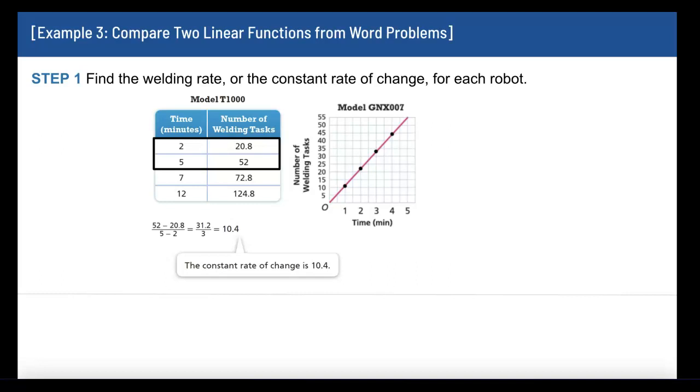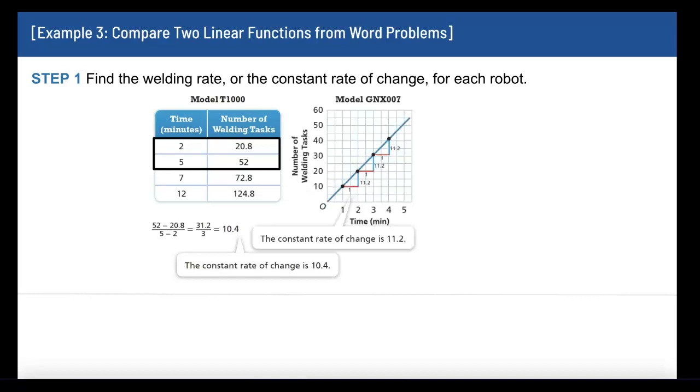Looking at the Model GXN007, we want to look from one point to the next, and we can see that as we look from one point to the next, it's going over 1 and up 11.2.